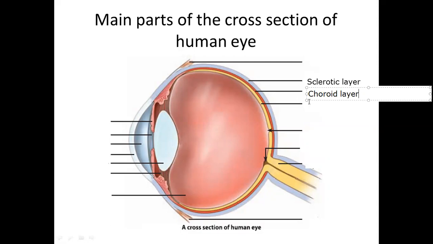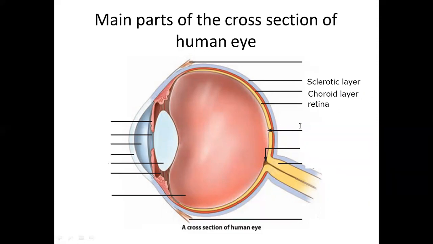Inside the choroid layer, you will find the yellow colored layer. In this layer, you will find the light sensitive rod cells and cone cells. We will name this as the retina. In the retina, there are 2 places that are marked.